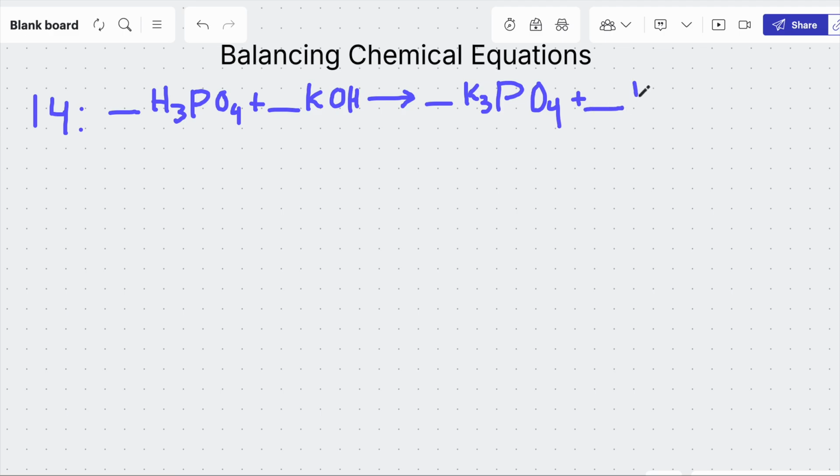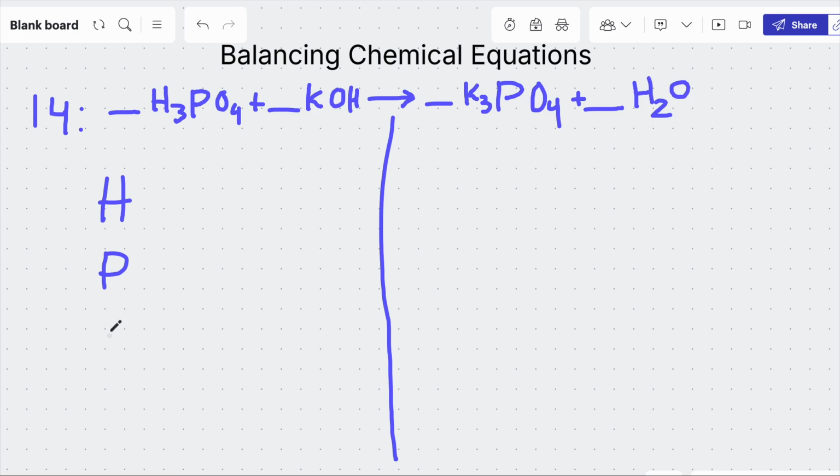Okay. H2. Oh, yikes. Let's see. Oh, look at that. Just discovered the back arrow. We're going to be using that a lot. Okay. All right. Set up our chart. See what elements we have. We have H's. We have P's.